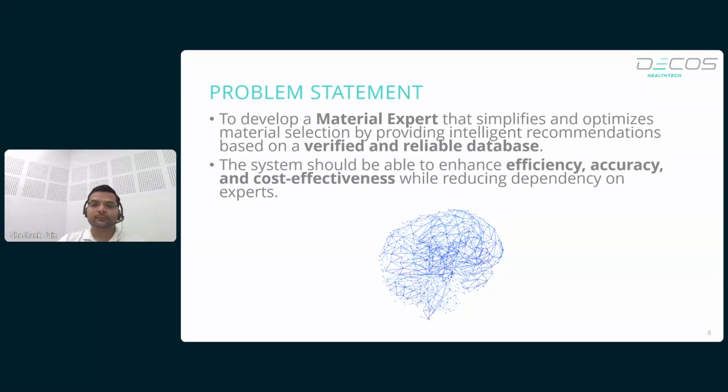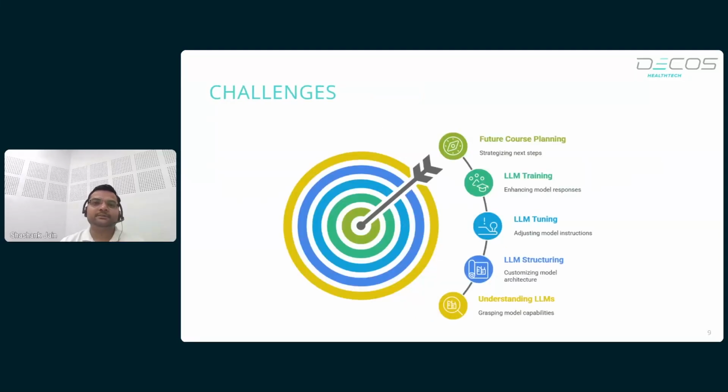Correct? Let's move on to the challenges we faced while creating this tool. Let's take a look at the challenges we faced during the development of this LLM. We started with no prior coding experience. The team consists of mechanical engineers, but now the team has learned a lot about artificial intelligence and machine learning. We started with the question, what is artificial intelligence? That is the very basic question from where we started.